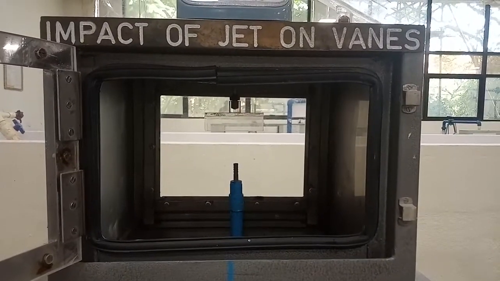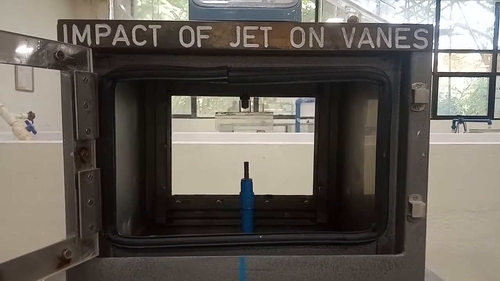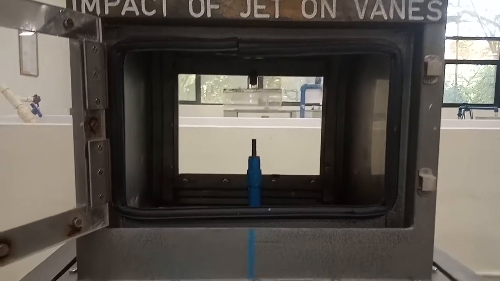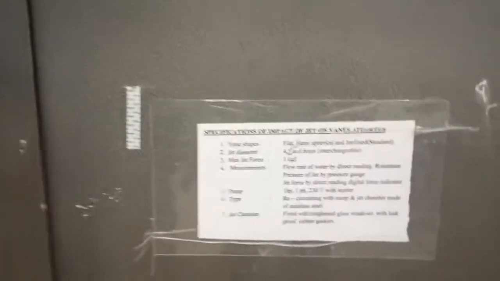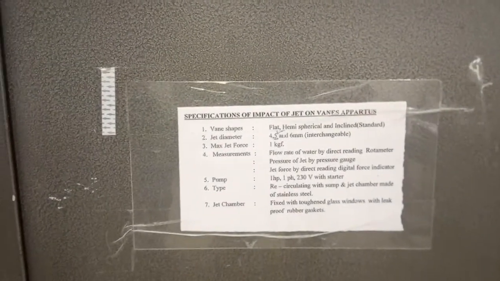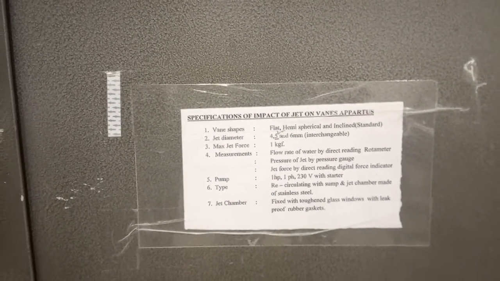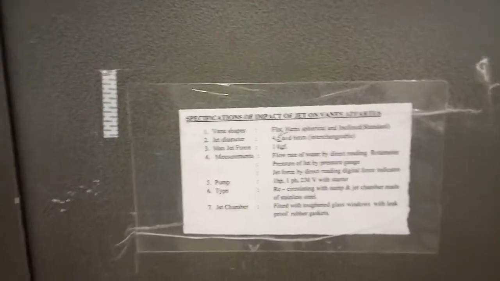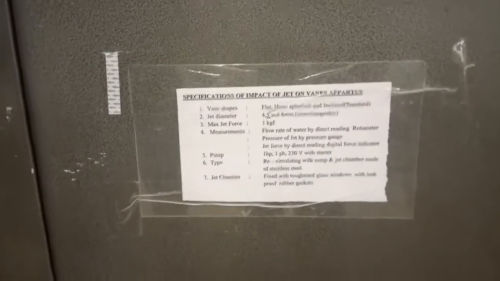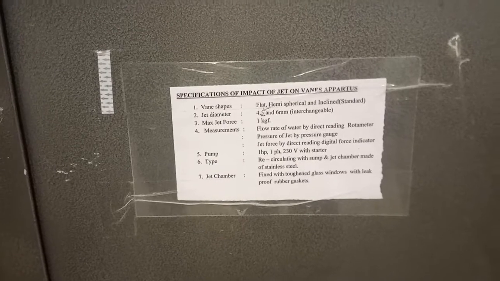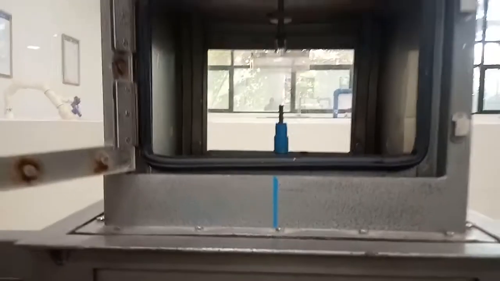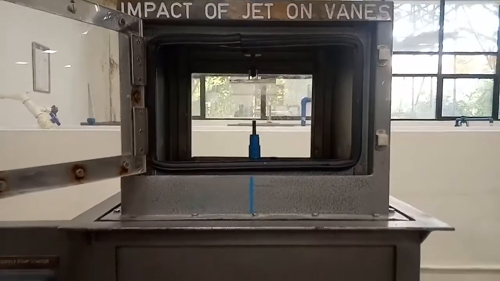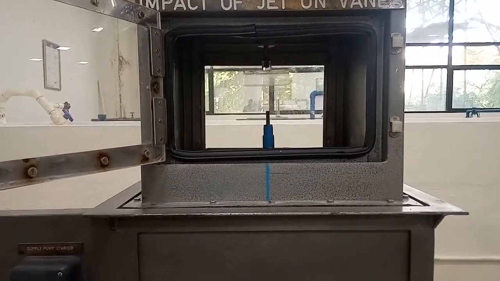So, what are the learning objectives of this experiment? First, you shall be able to understand the properties of a water jet on vanes or obstructions. We shall be able to realize the significance of the coefficient of impact on vanes in energy dissipation. Eventually, you will be able to understand the suitable applications of jets in hydraulic machines such as turbines and pumps.